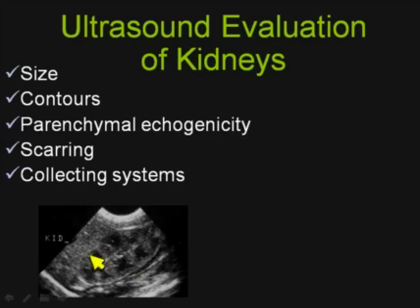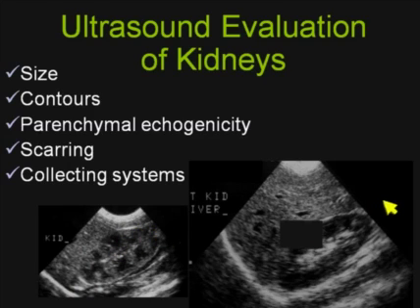The cortex of the kidney is isoechoic with the adjacent liver and spleen, and there is accentuation of the medullary pyramids. There isn't a lot of fat in the young baby's kidney, so we see a very faint renal sinus echo and a very faint white line around the kidney representing the perinephric fat.